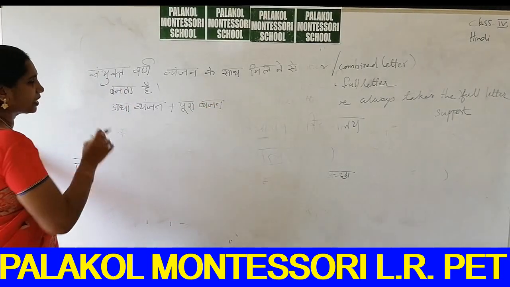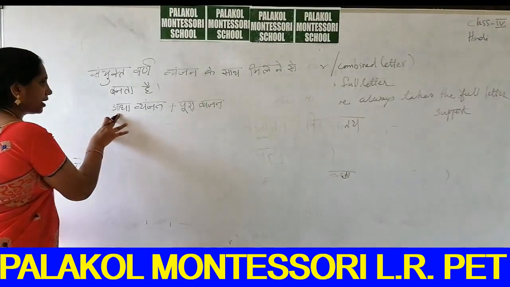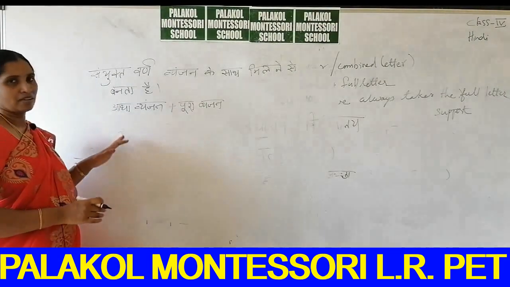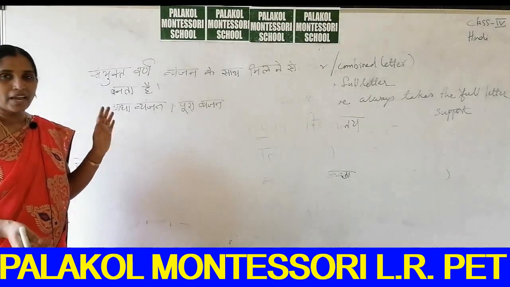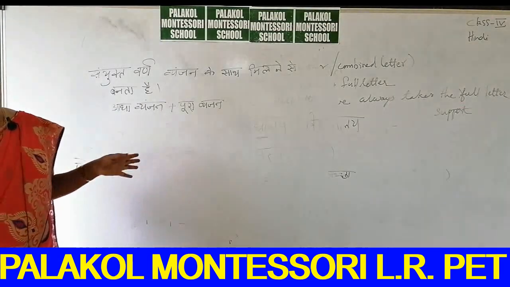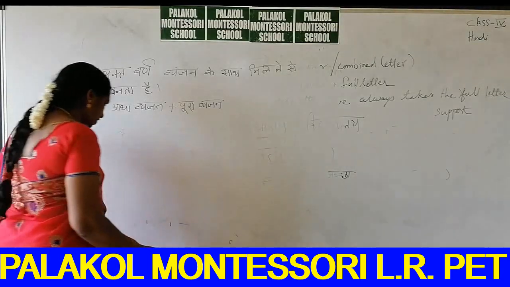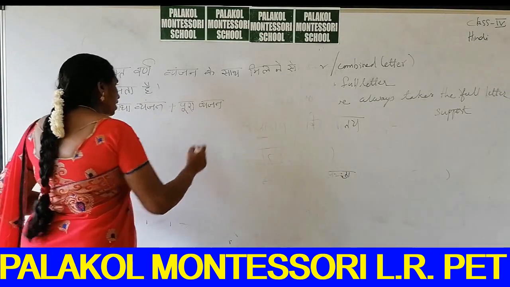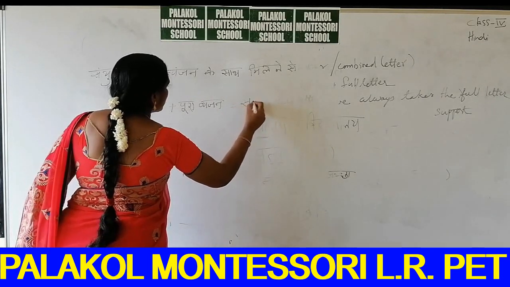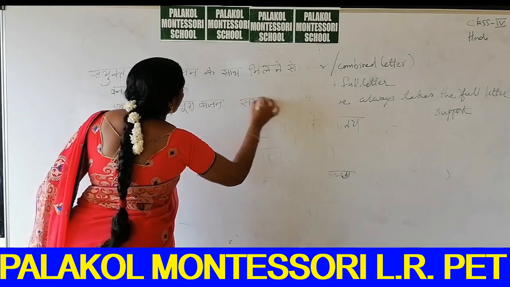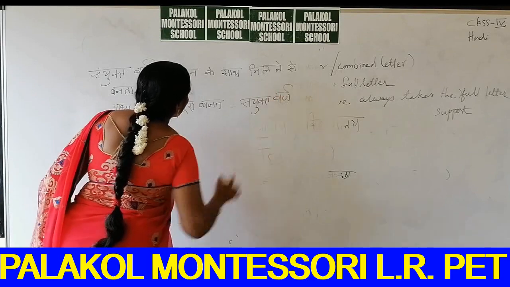So many people will think of vyanjan differently, but here vyanjan means letters. In English, ABCD are the letters. In Hindi, A is the swar, and vyanjan is ka, kha, ga. So adha and pura vyanjan together give samyukta varna.